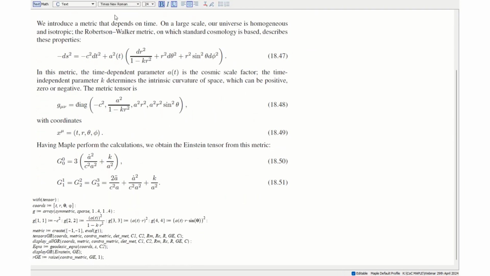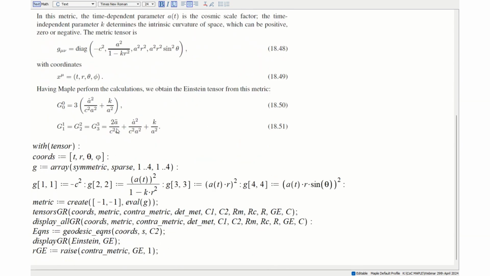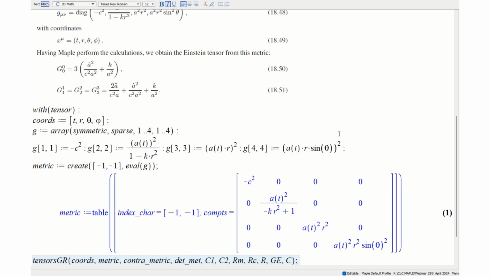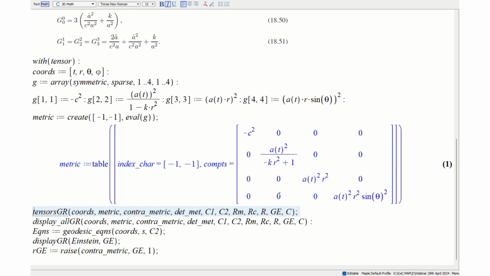And in the Robertson-Walker model, again, in this file I'm running commands, and you can see the metric tensor I'm using for the Robertson-Walker model, where A of t is the expansion factor which depends on time, and for this we are calculating the general relativity tensors, and then we can ask for a display of all quantities.